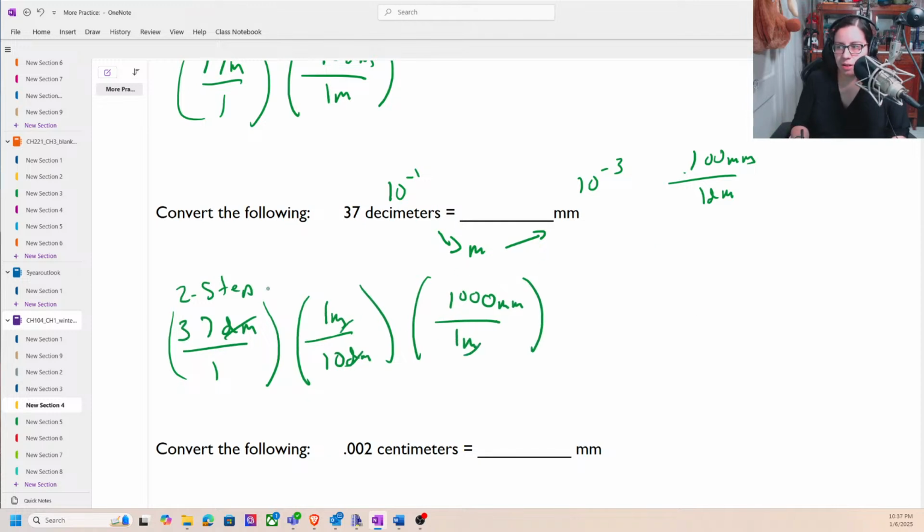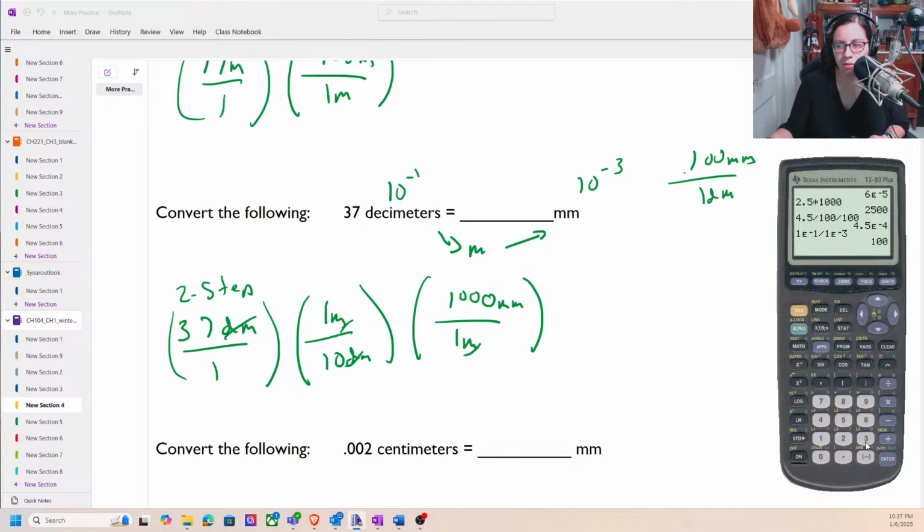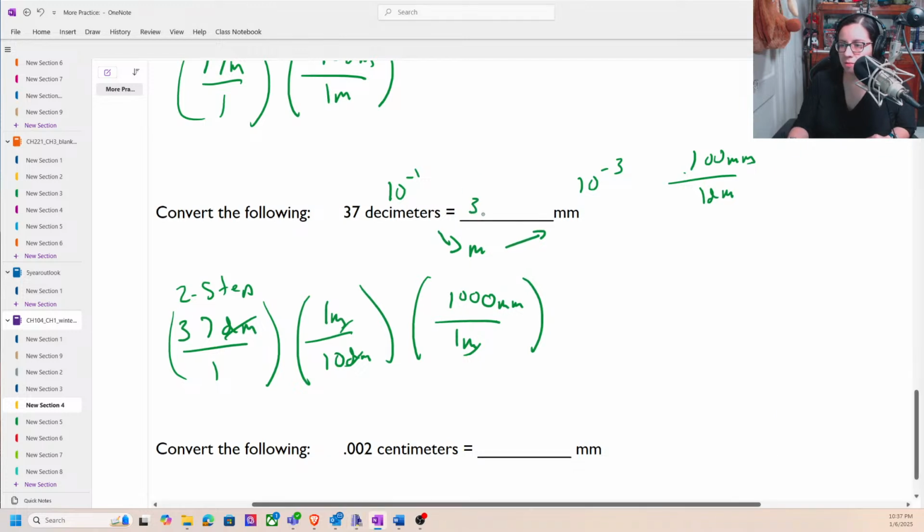I'm seeing my factor of 100 already, but I'll just punch it into the calculator normally. So now we have 37. I'm going to do divided by 10 and times 1,000. So now we get 3,700.